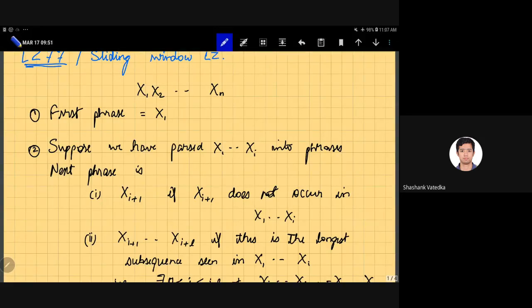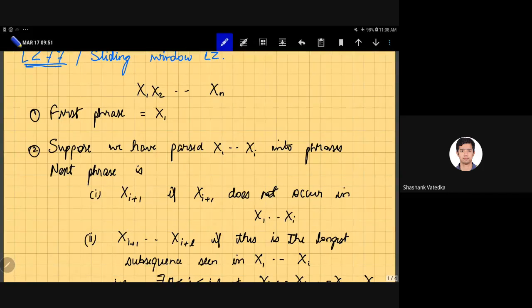Suppose we have parsed x1 through xi into phrases. The next phrase starts with xi+1. Now if xi+1 has not been seen before, so if xi+1 does not occur in the substring x1 through xi, then xi+1 itself is the next phrase.